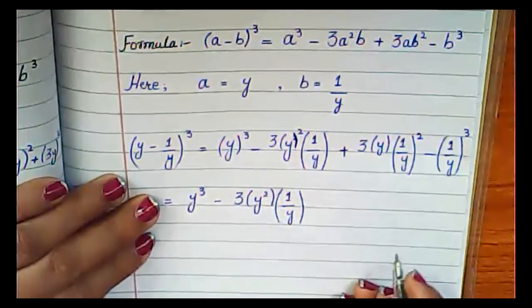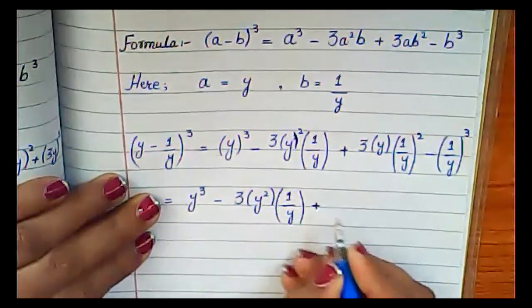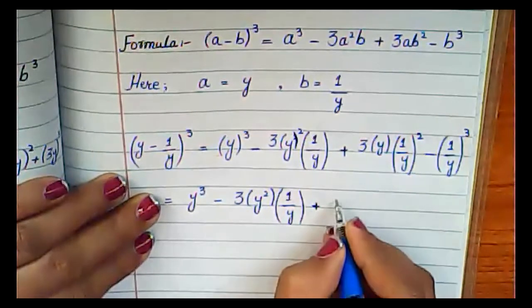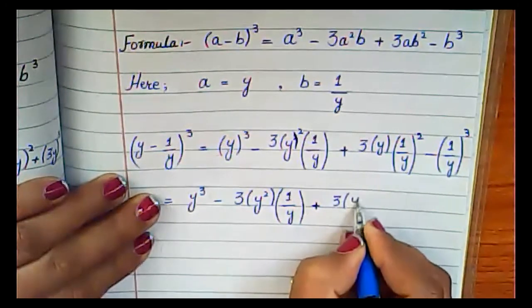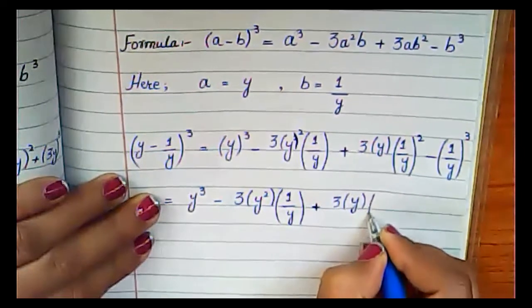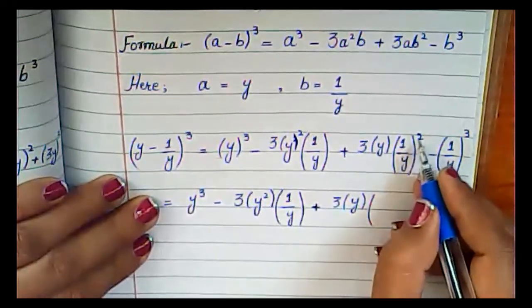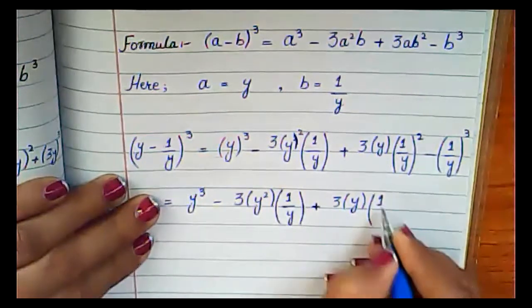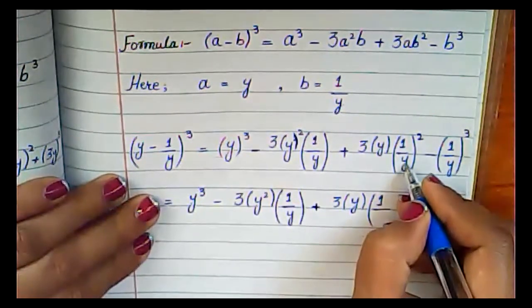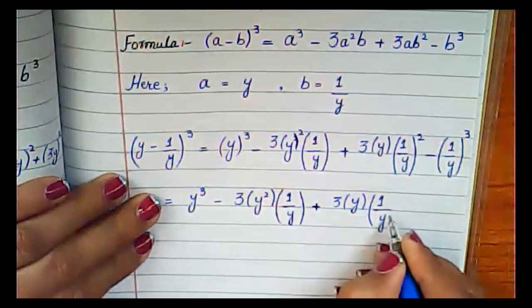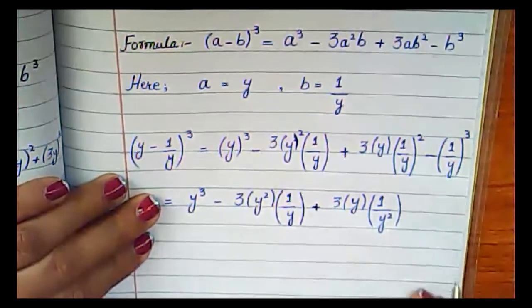Then the sign of addition. After that you will write here 3, inside the bracket you will write y, and again inside the bracket you will take the square of 1 upon y. So the square of 1 will be 1, divided by the square of y, which is y square, bracket close.